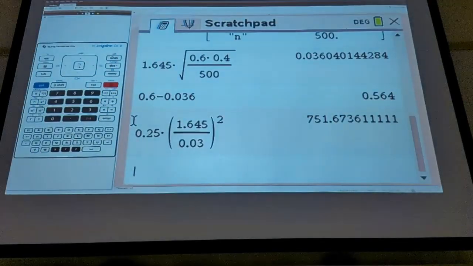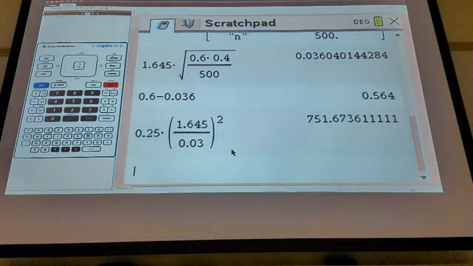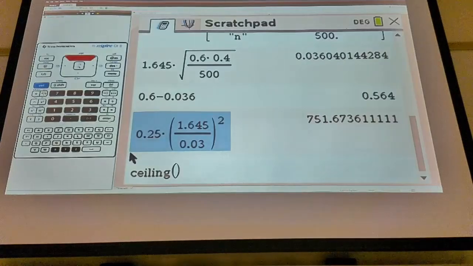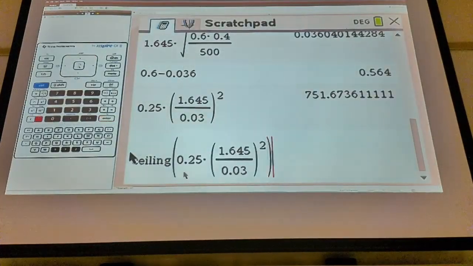The other way you could do it, if you have the calculator I recommend, is that it has the ceiling function built in. I just spelled out ceiling.